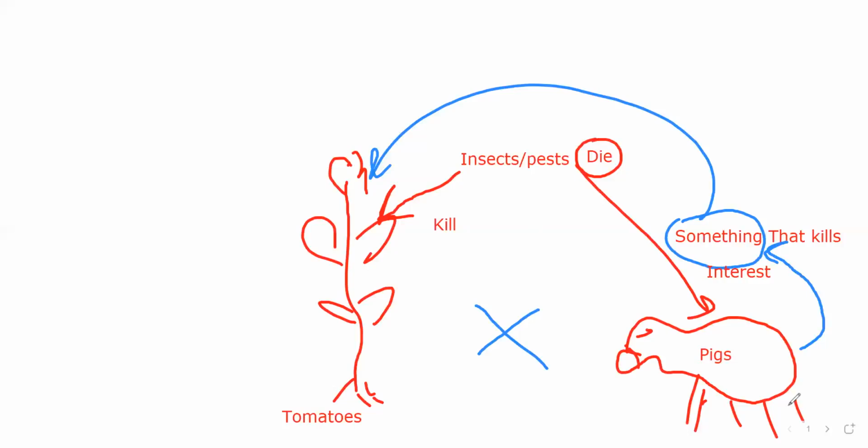Nevertheless, I ask myself, do plants have DNA? What do you think? Yes, they do. Pigs, do they? Yes, they do. So now, all of them do have DNA.